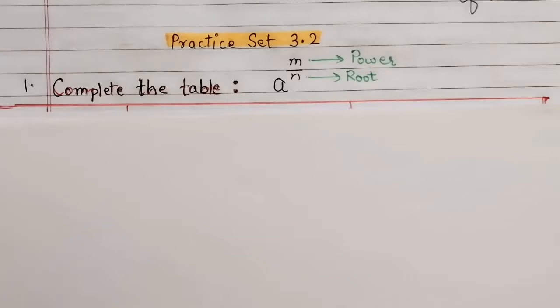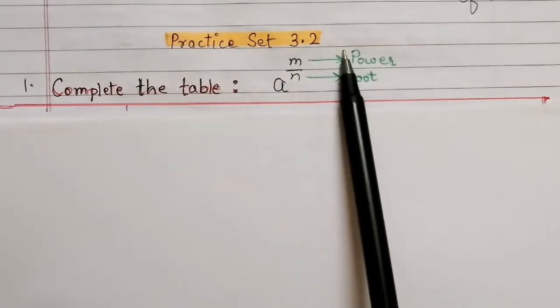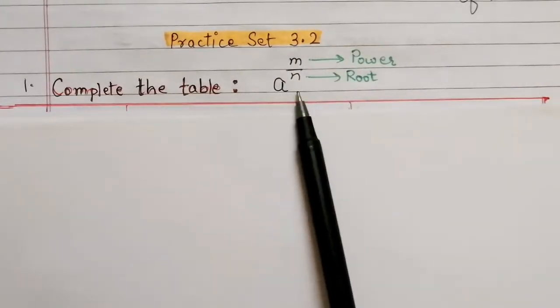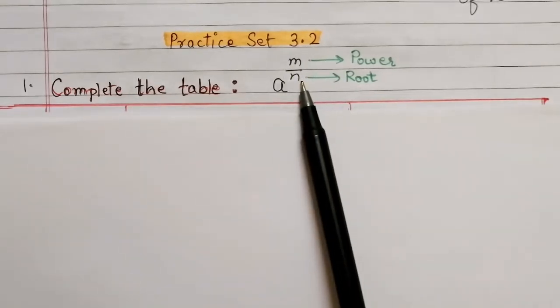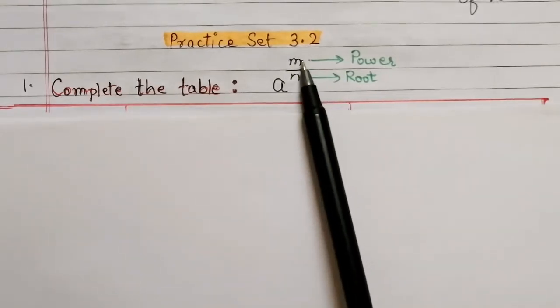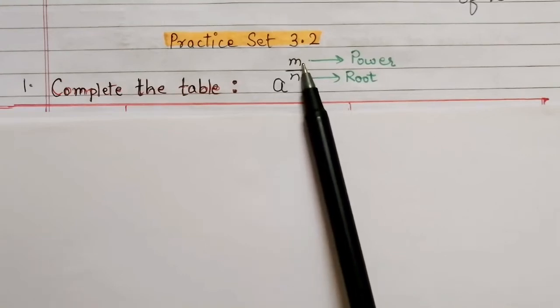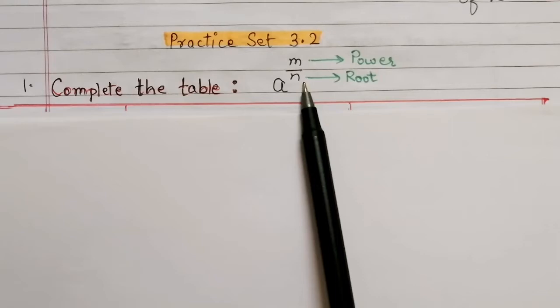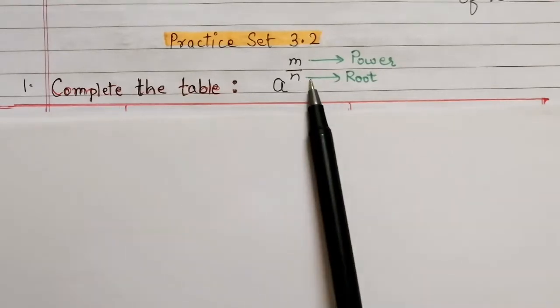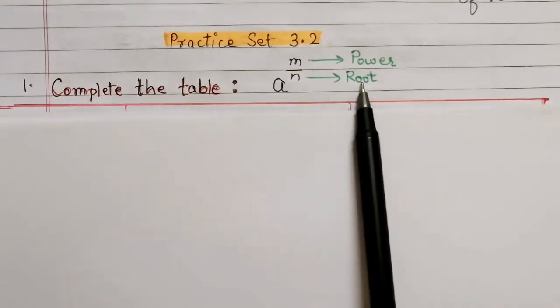Now with this knowledge, we will solve practice set 3.2. Whenever a raised to m upon n is given, whatever number is in place of m is written as the power, and whatever number is in the denominator is written in the form of root.